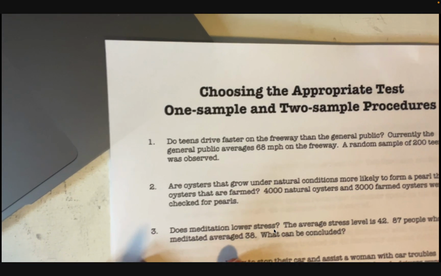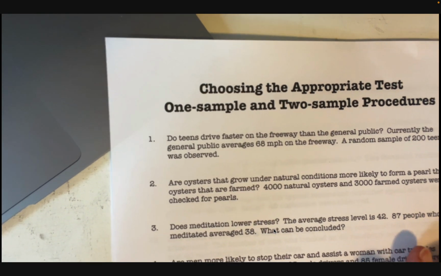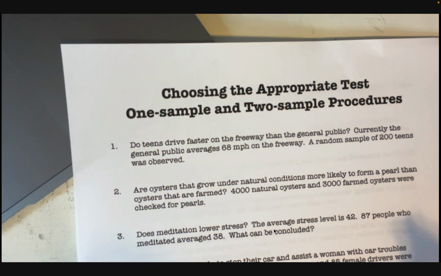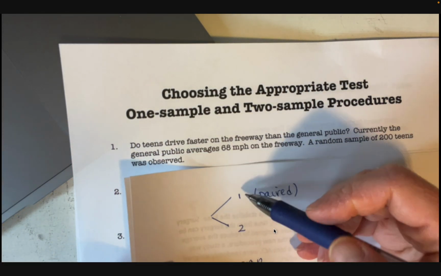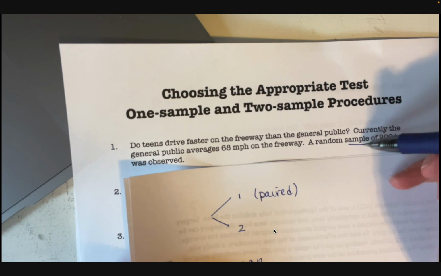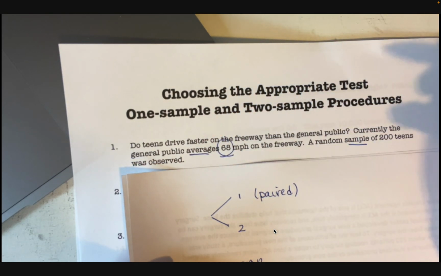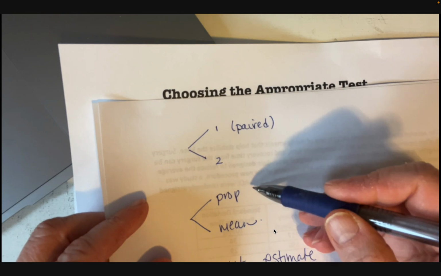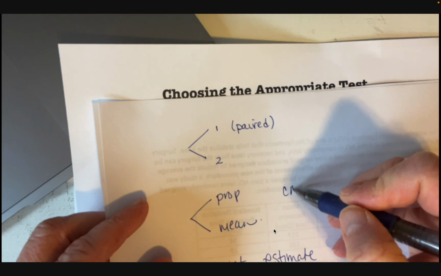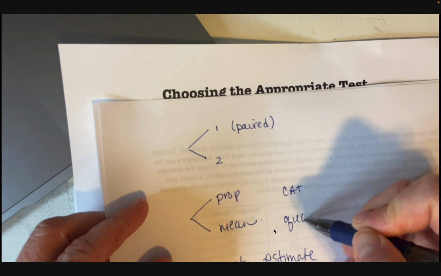So, do teens drive faster on the freeway than the general public? Currently, the general public averages 68 miles per hour on the freeway. A random sample of 200 teens was observed. Alright, so again, I can see right here there's only one sample. They're talking about a quantitative value, so they're not counting anything. Remember, your proportions are categorical, your means are quantitative.